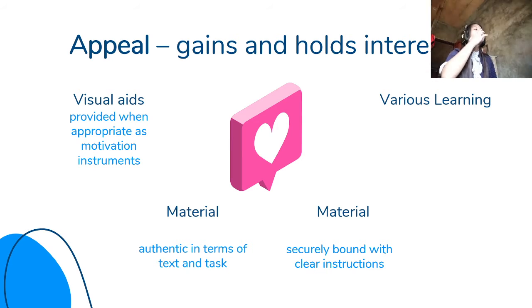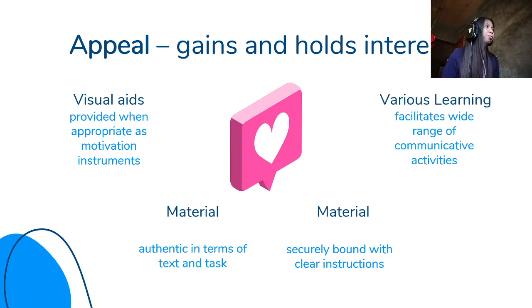Okay, next is various learning. Facilitates wide range of communicative activities, especially the subject English, okay? So it should facilitate a wide range of communicative activities, because most learning objectives in English usually have these communicative activities.